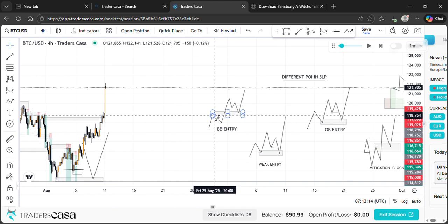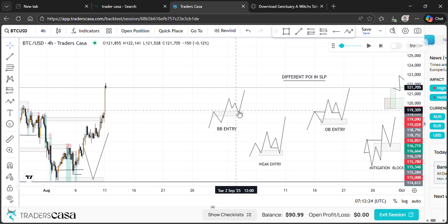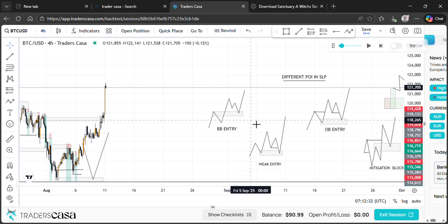They move in the direction you expect it to move. But what happens? It fails. It creates an inducement. This is an inducement. It taps on that failed order block, then moves in the other direction. So that's basically what a breaker block is. Don't complicate anything. Understand?